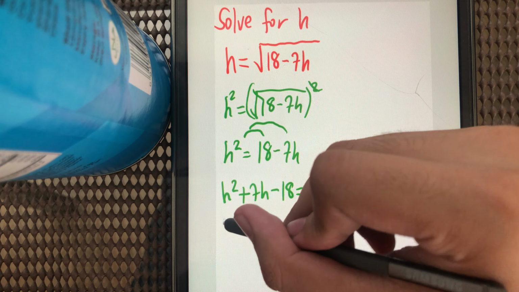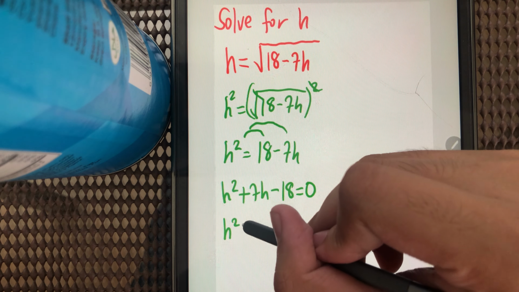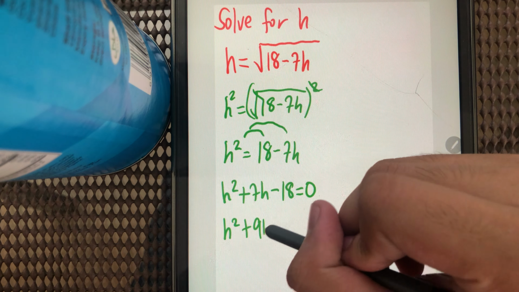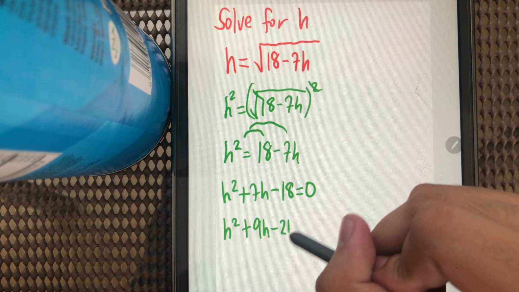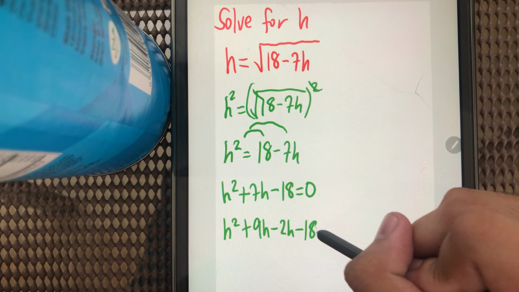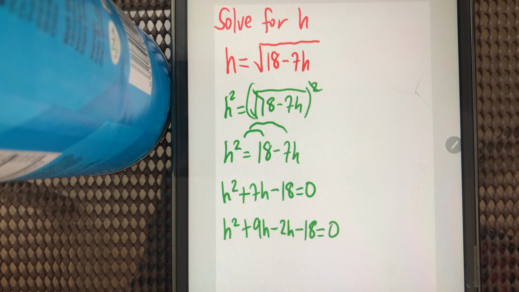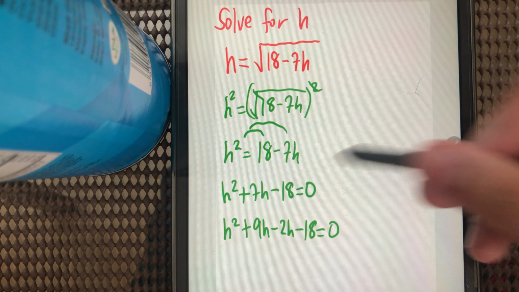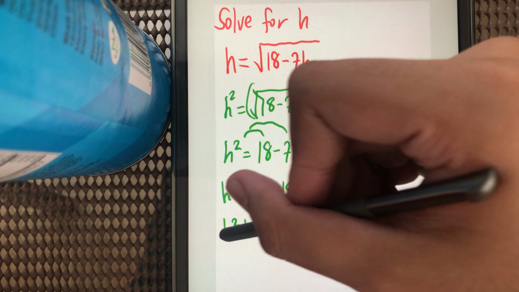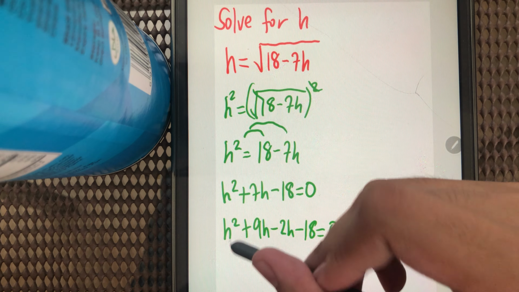And this becomes h squared plus 9h minus 2h minus 18 equal to 0. h squared and 9h, h is in common.